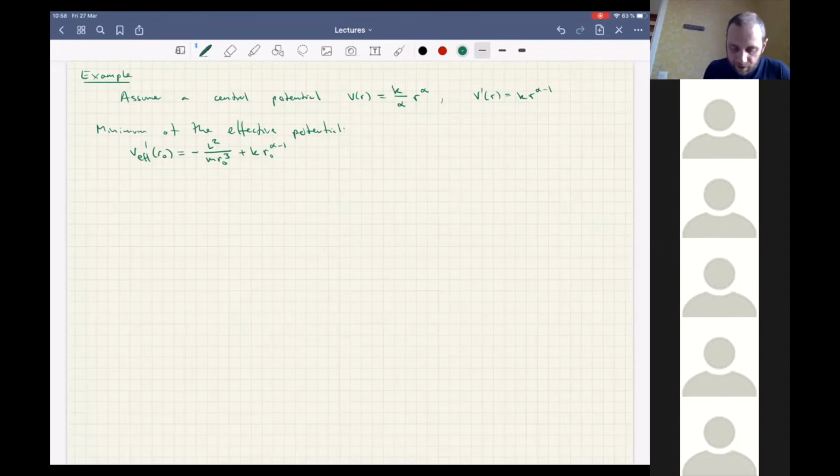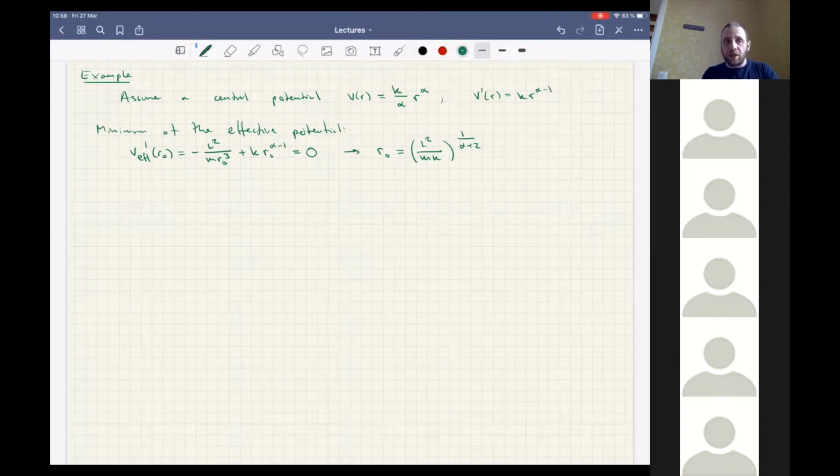Since the definition of R0 is where we have the minimum, this must be equal to 0. And from this we can solve that R0 is given by L squared divided by mK, to the power of 1 over alpha plus 2. So this is the position of the effective potential minimum.